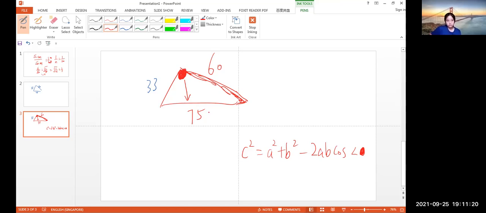So this is called the C, then the other ones are A and B. So if you understand this, C square means 75 square. So far, so good. A square, 33. B square, 60 square. Minus 2 times 33 times 60 cosine angle.